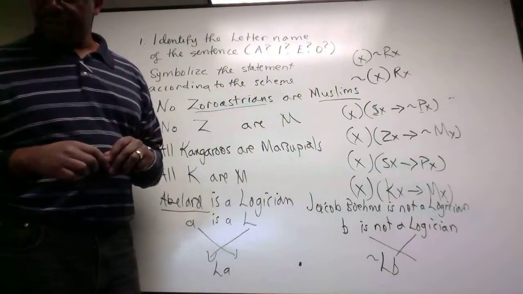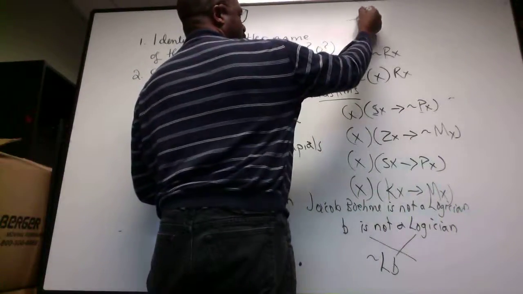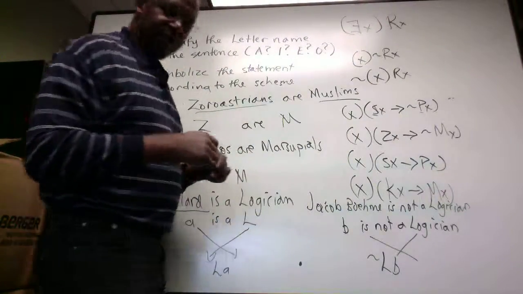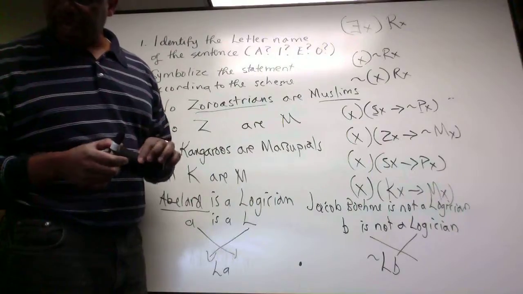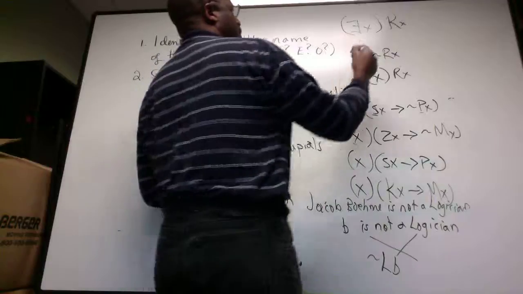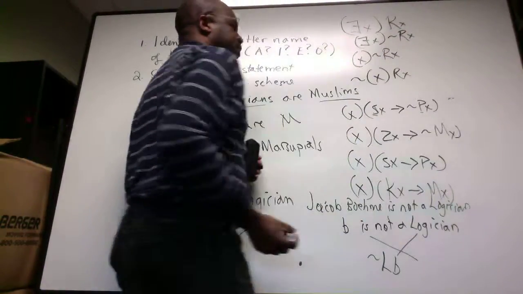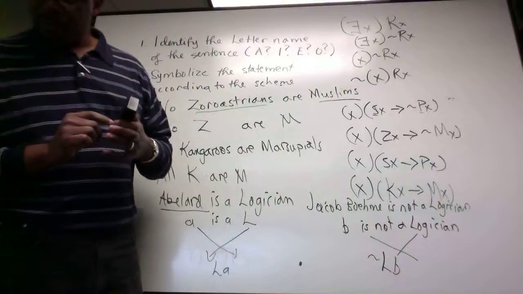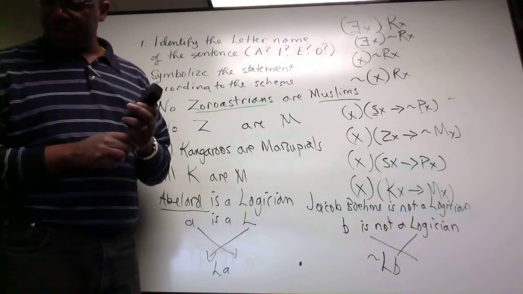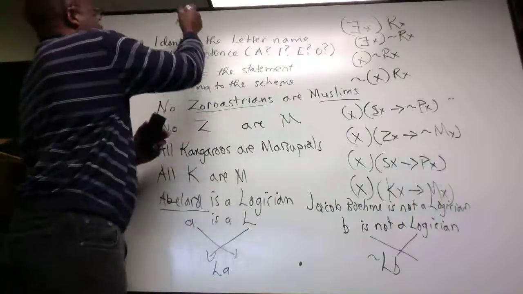That is number 6. Something is right. That is a backward-looking E: there is an x such that x is right. And then something is not right: there is an x such that x is not right. Only dogs are animals. That is like saying all animals are dogs.